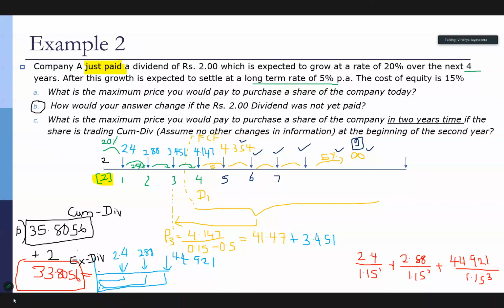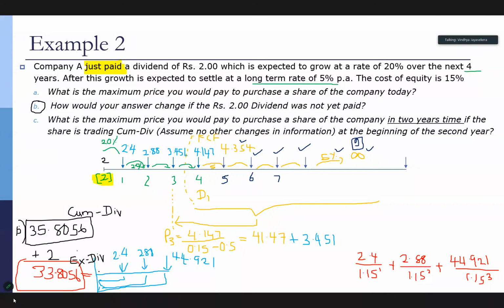So cum div versus ex div, right? With the dividend as a future cash flow to be paid, or without the dividend as a future cash flow because it has already been paid. Okay. So cum div price is with the dividend. Ex div price is without the dividend.